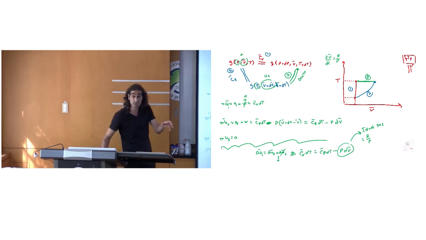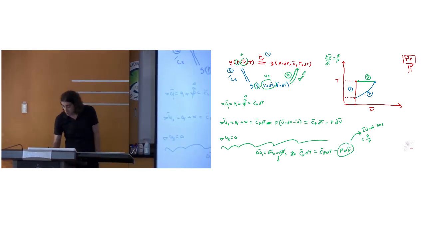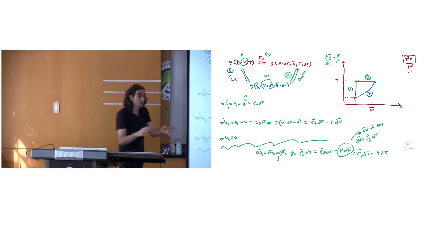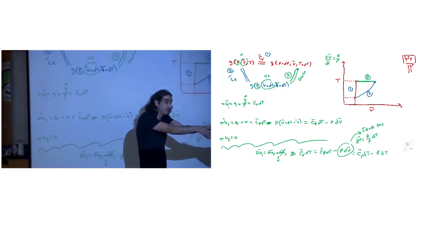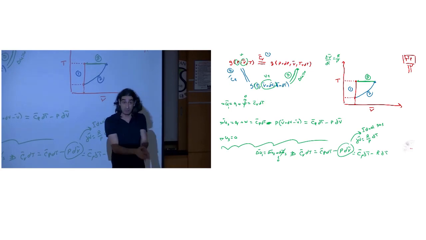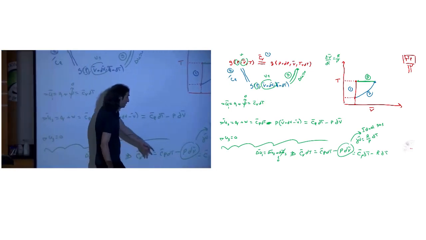So we are trying to decrease the number of variables here. Now it is equal to CP dT minus R dT. I need dT here because I don't have dV over dT, I have just dV. Since dV over dT is R over P, dV is R over P times dT.